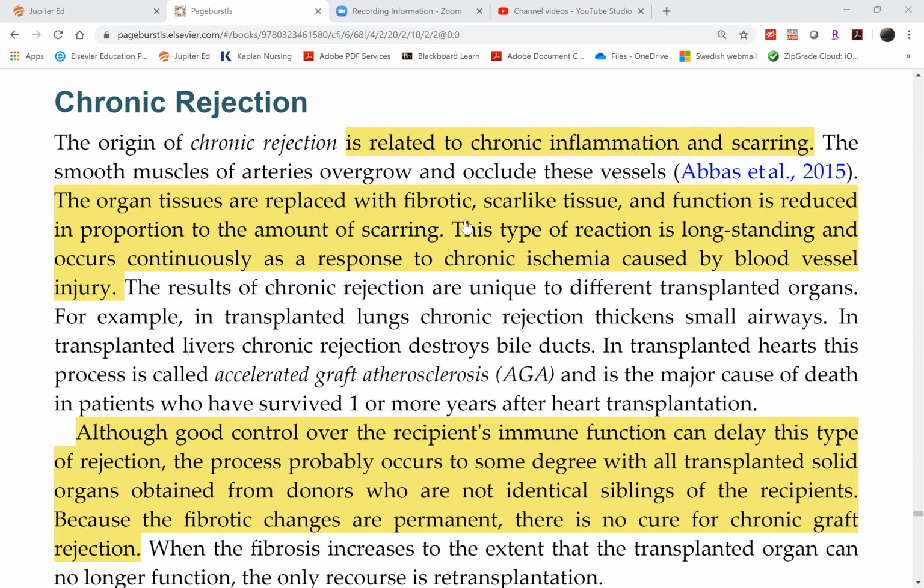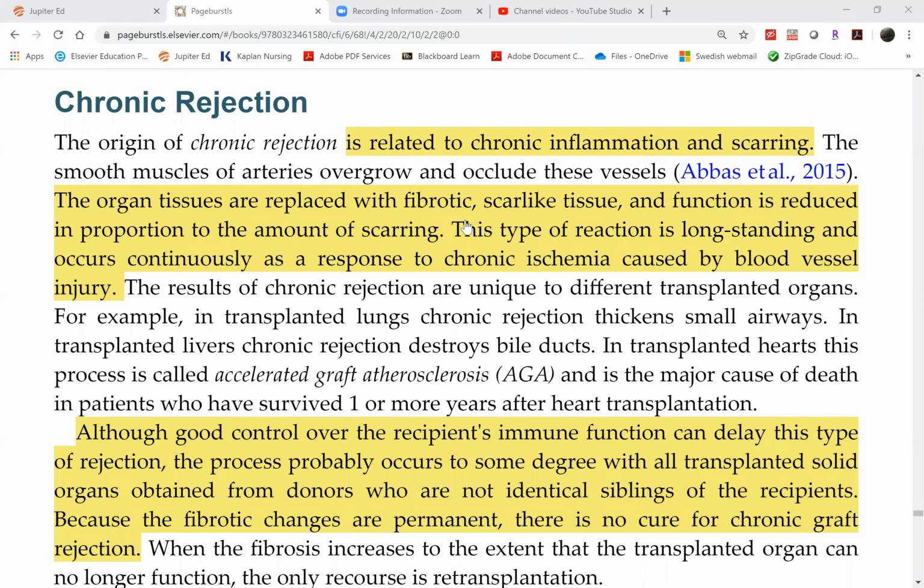And of course, scar tissue is not functional tissue, and then it's gone. So it's like the graft failed all over again. The patient ends up with the status quo, right where they started in the first place.